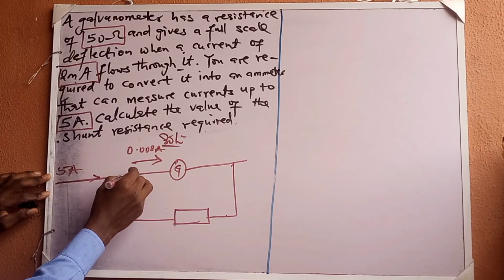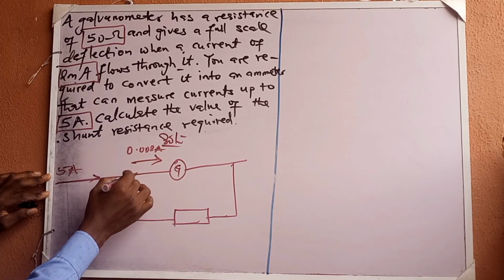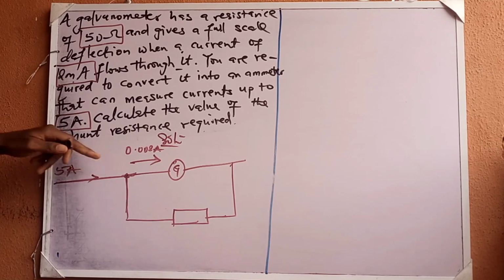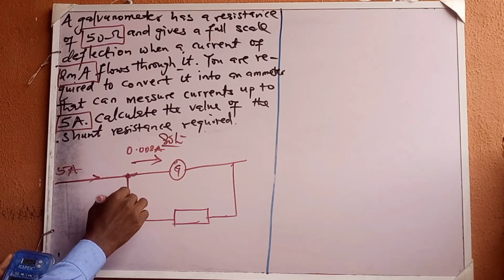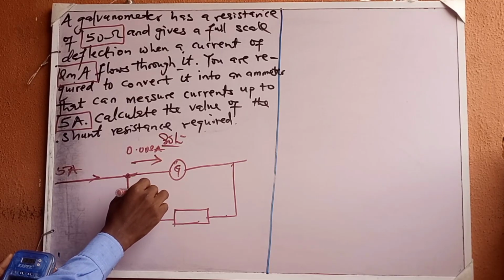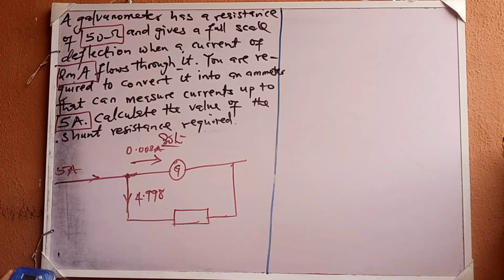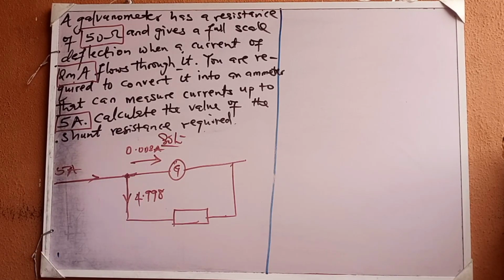Remember, 5 is coming here. So 0.002 will go to the galvanometer, then the rest should come down and follow the shunt. So we're going to say 5 minus 0.002, and that is 4.998.